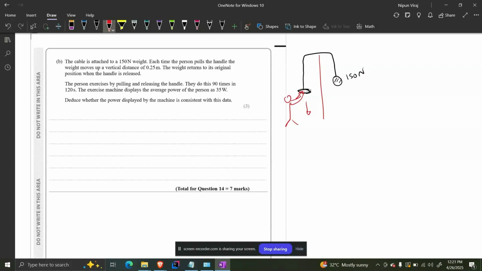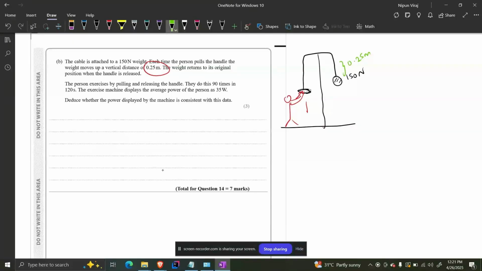Then this will go up, and it will move up a vertical distance of 0.25 meters and return to its original position when the handle is released.